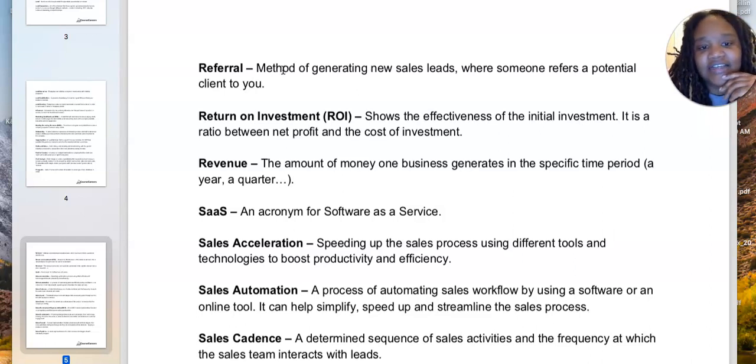Next, we have SaaS, which is simply an acronym for software as a service. Essentially, that's what tech sales is. Most of the time, you're selling SaaS products, which is software. In my opinion, SaaS products are a little bit more difficult to sell because it's not a physical thing. It's not like a phone, right? It's a software.